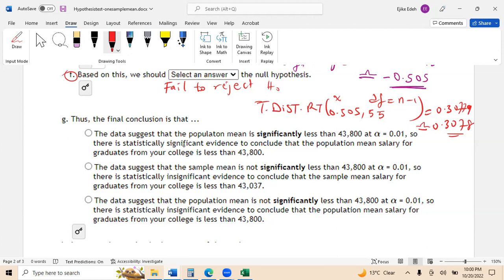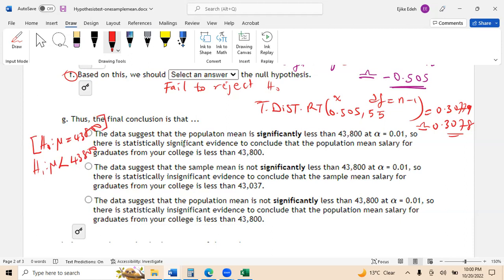It said the data suggests that the population mean is significantly less. No, it is the alternative that says that, so let's write down here. H naught is that the mean is equal to 43,800. H1, the alternative, is that the mean is less than 43,800. Now we fail to reject the null, which says it's 43,800.